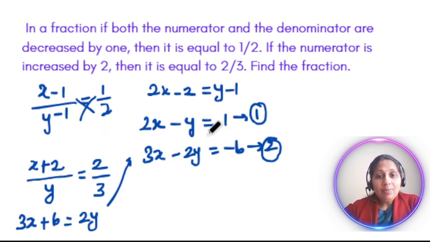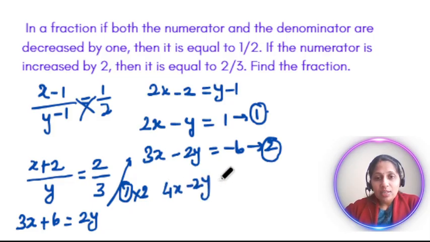Now, let me multiply my first equation by 2 so that I can remove my y term. So basically, I'm trying to solve this by the elimination or cancellation method. Once the first equation is multiplied by 2, you get 4x minus 2y equals 2.